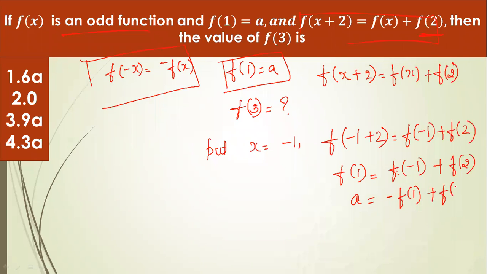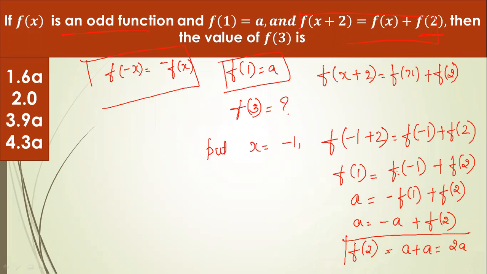So a is equal to minus a plus f of 2. We need the value of f of 2, so taking minus a to the other side, it becomes a plus a is equal to 2a. So f of 2 is 2a.